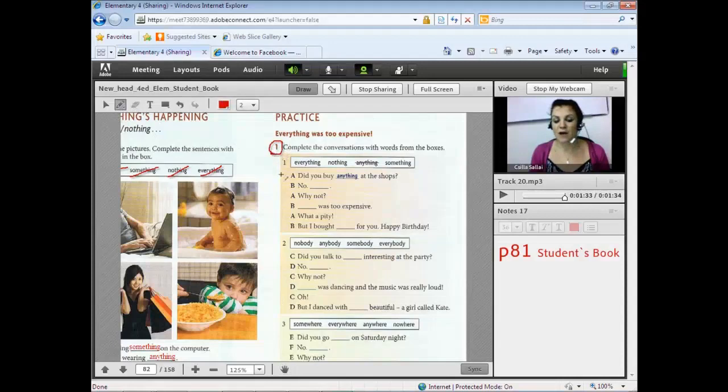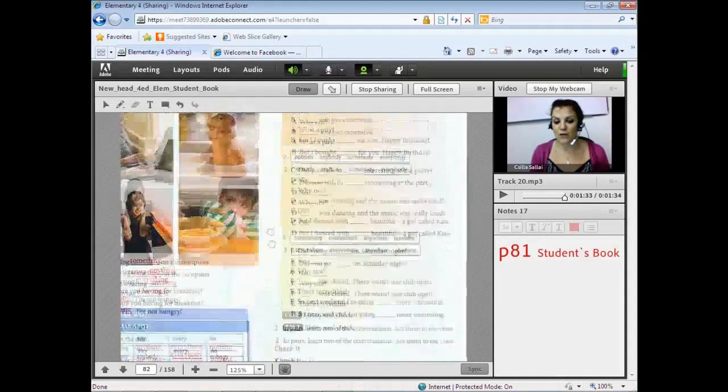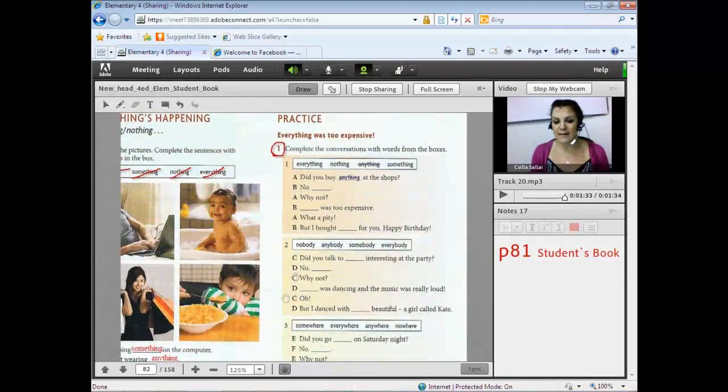And the task is to complete the conversations with words from the boxes. So how many conversations are there? 1, 2, 3. And right above each conversation, you can find a white box with 4 words. Okay? So in pairs, work together, help each other, complete the missing words. Off you go.